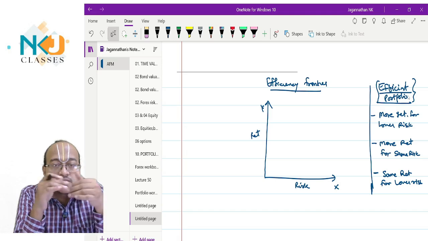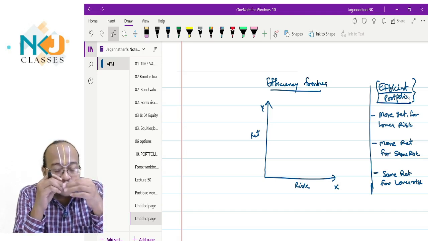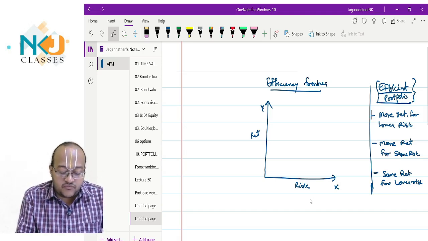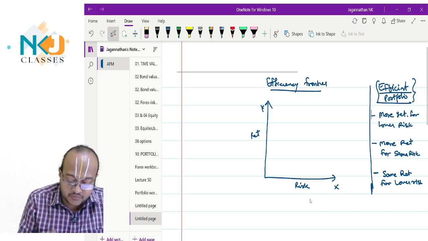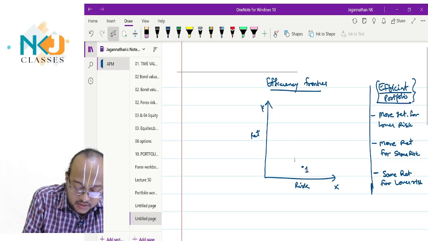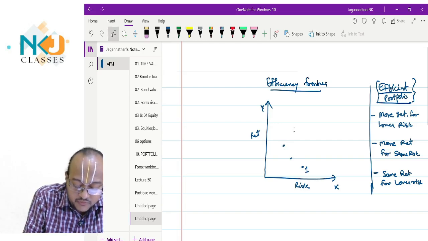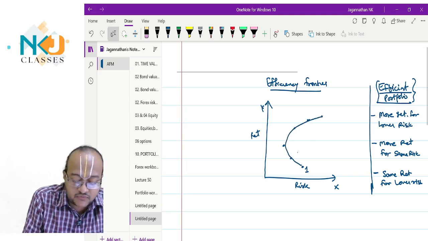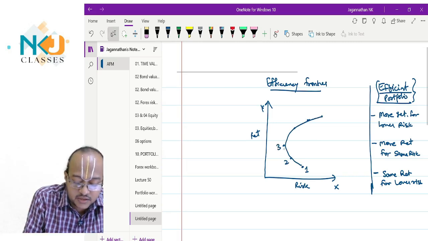Suppose there are portfolios A and B, very simple. Take the first case: we plotted portfolio 1, portfolio 2, portfolio 3, and portfolios 4, 5, 6, and we joined them like that. This was the efficiency curve.